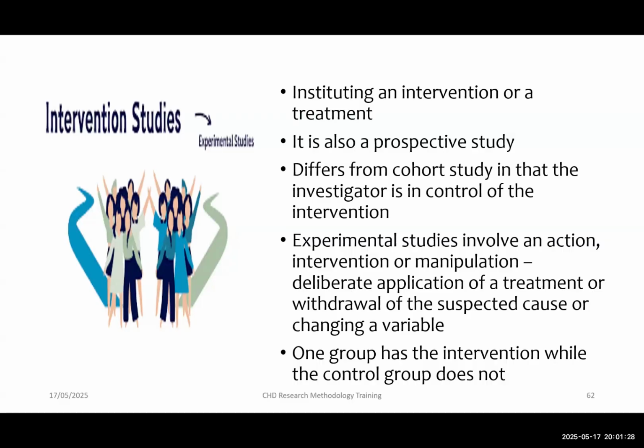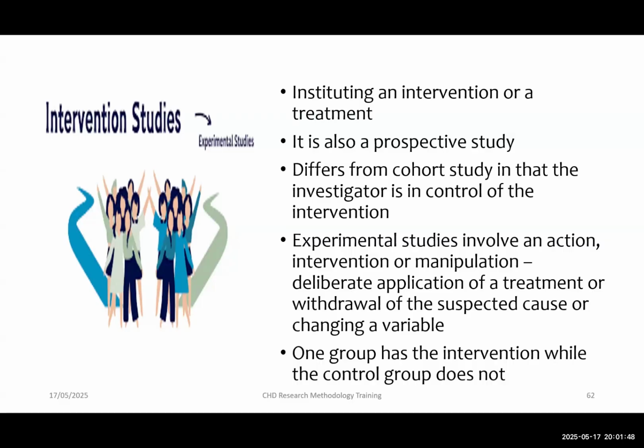This person is lean, so he falls in the other group, unlike in an intervention or experimental study. Experimental studies involve an action, a manipulation. There's a deliberate application or withdrawal of a particular intervention, and one group has the intervention while the other group does not.